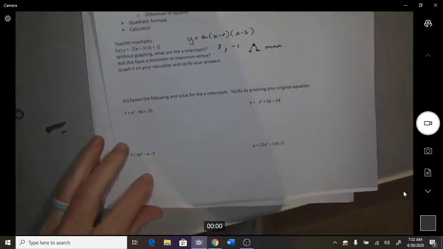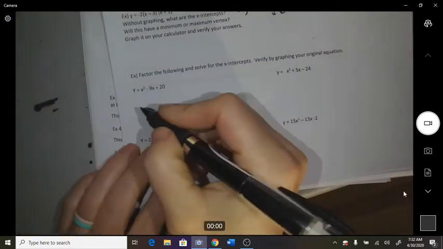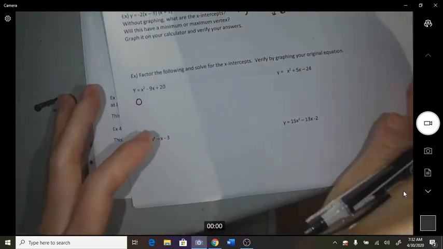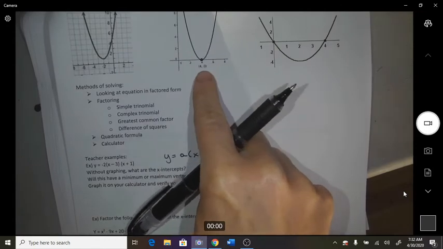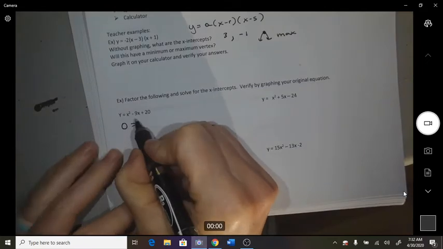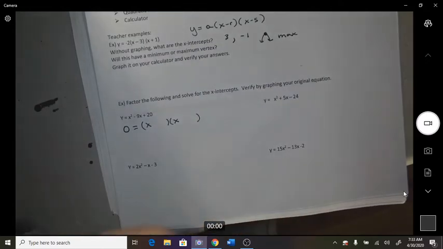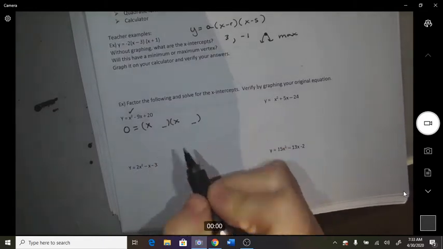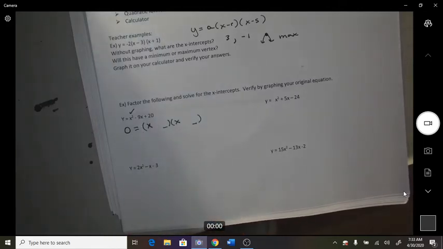Okay, factoring. So this one is a simple trinomial. I want this to equal 0, right? The height is 0. On this x-axis, the y value is 0, the height is 0. And when we do simple trinomials, we'll do 2 brackets. The front will be x times x, because that would give you x squared. And this times this will need to multiply to 20. But at the same time, we're also going to have to try to get a 9 out of it.